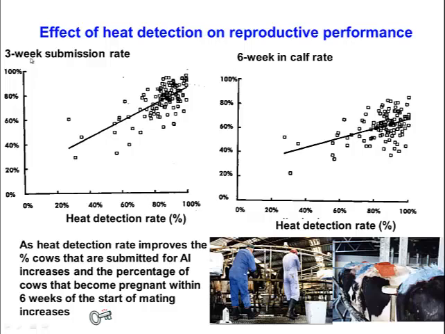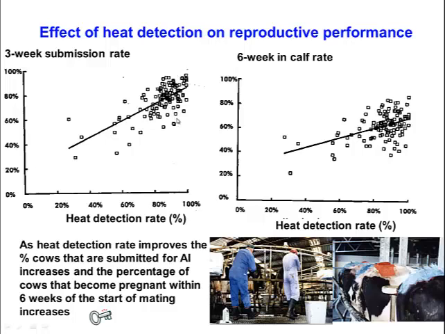It's just saying that the 3-week submission rate is the percentage of cows that are submitted for insemination within the first 3 weeks of the breeding season, and the heat detection rate. So herds that are submitting a lot of cows in the first 3 weeks of the breeding season, they're detecting most of those cows in heat. So high submission rates, usually good heat detection rates.